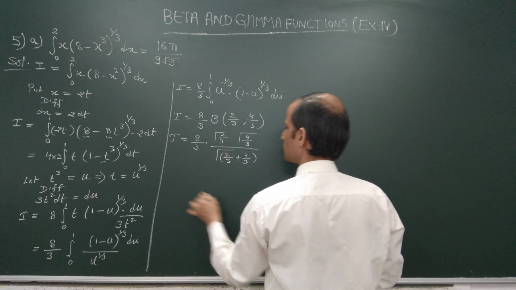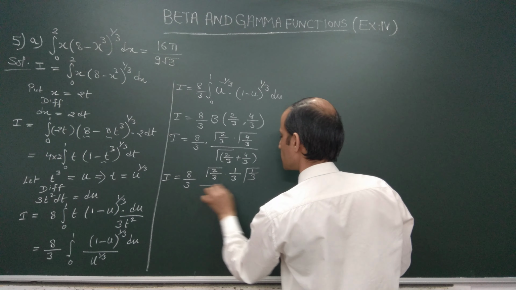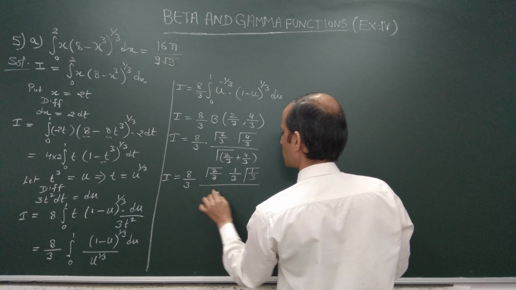So I is equal to 8 upon 3 gamma 2 upon 3 into, 4 upon 3 is 1 upon 3 into gamma 1 upon 3, by property, divided by gamma 2.